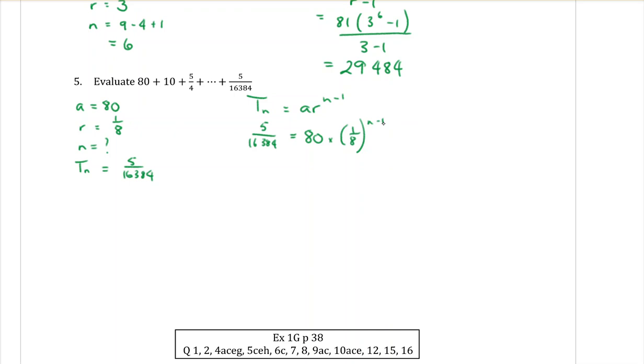Okay, getting the n by itself. We have to divide that 80 across to the other side. That will make a very small number, fraction, 262,144.